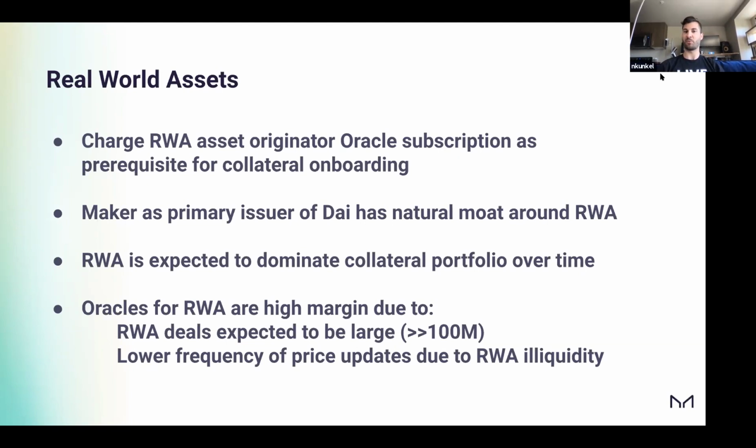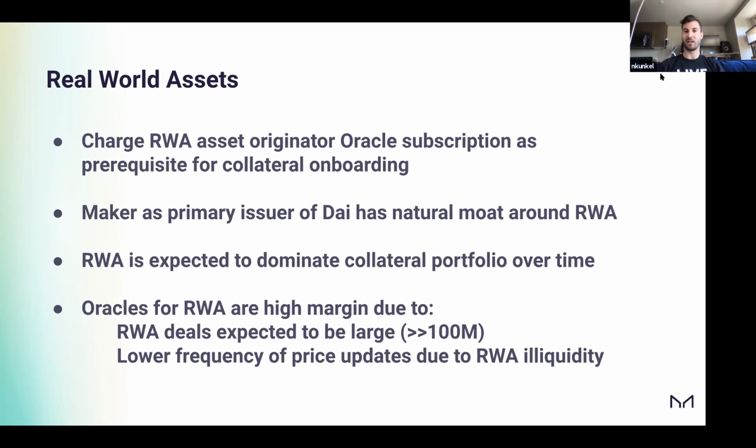That's almost pure profit, and it's pure profit for a couple of reasons. Real world assets tend to be quite illiquid. And so the frequency of price updates is exponentially lower than something like, say, Ethereum, where we're updating it, on average, basically every 30, 40 minutes.